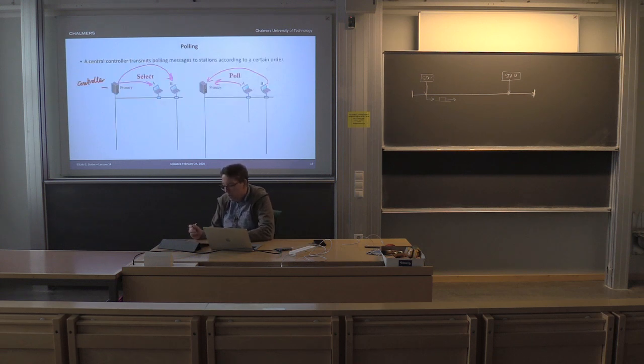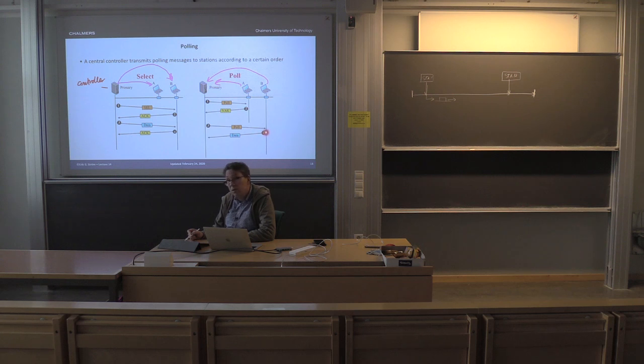So in this case, when the primary is asking the nodes if they have data to transmit, node B here might have a lot of data. Then it can either send all its data or just a portion of the data.